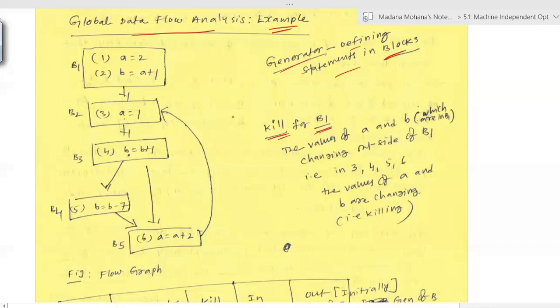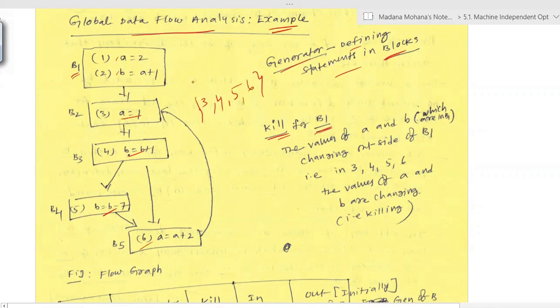For block B1, KILL means A and B are defined outside of B1, so they are killed. Now you can see A: in B2, A is used, so that is 3. Then in B4, B is used, that is 4. Then again in the B4 block, the statement 5. Then in the B5 block, the statement 6.